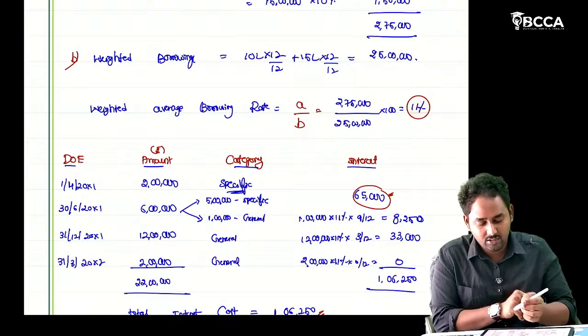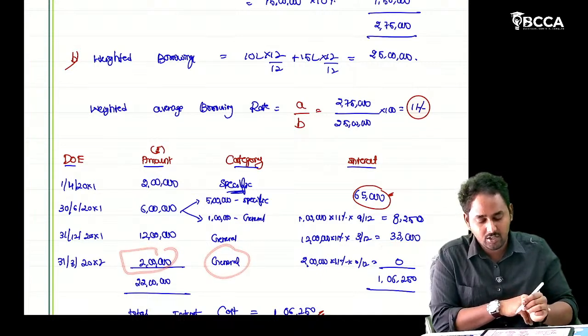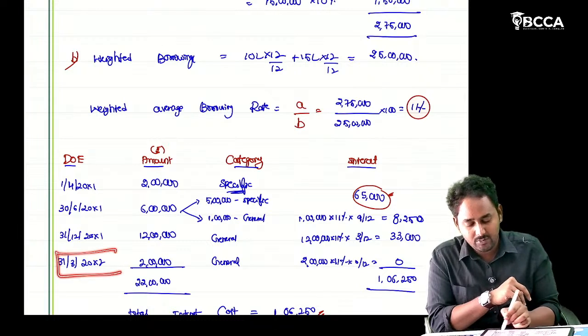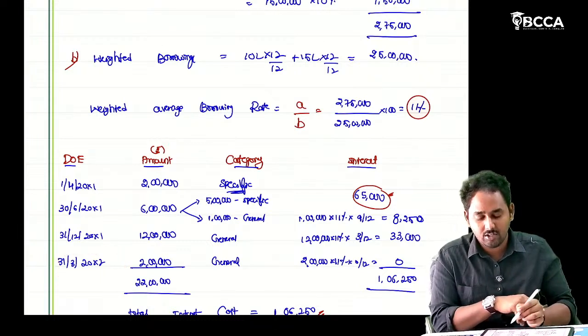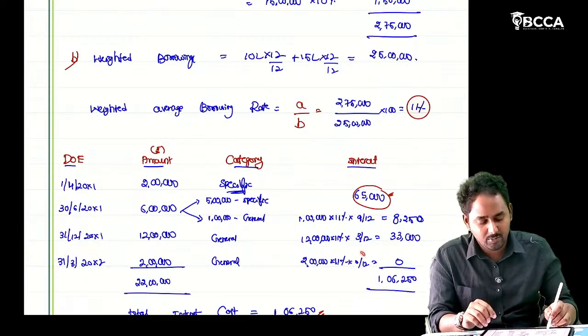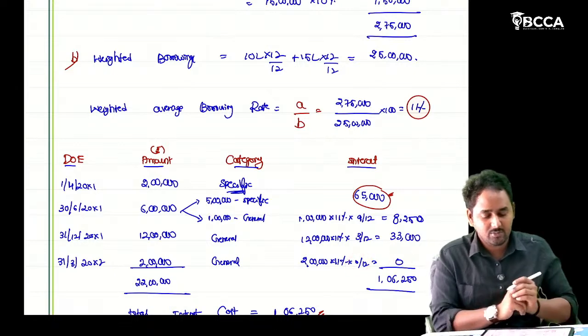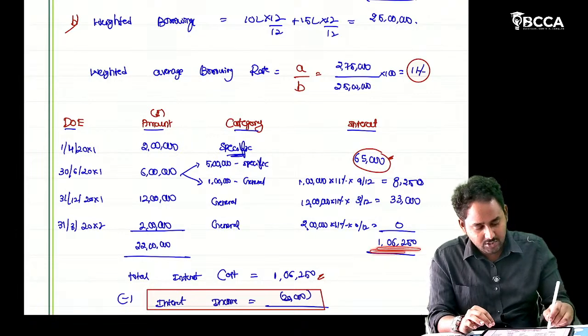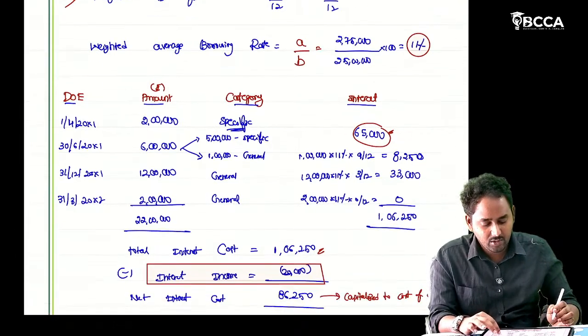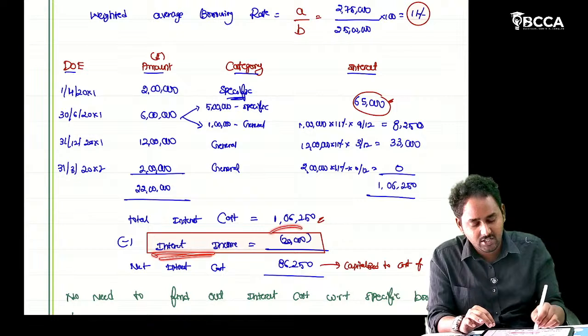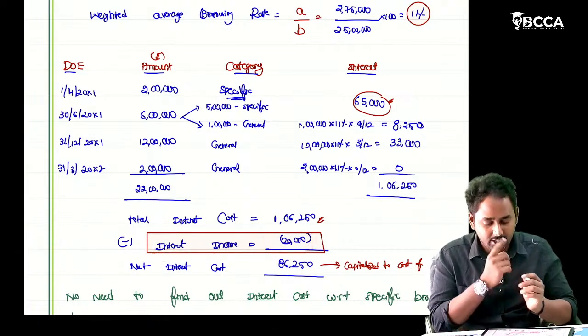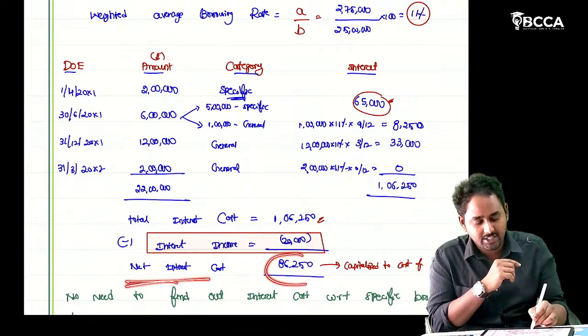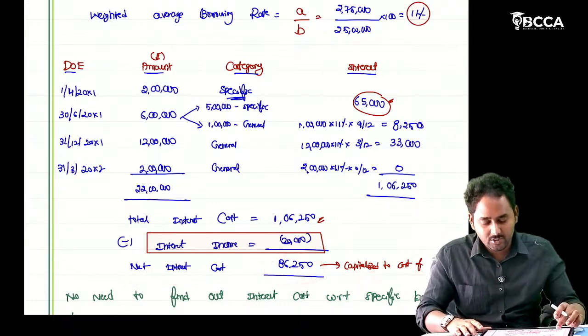And after that, the entire amount has been incurred out of general borrowings, but it has been incurred on 31st March. Then what is the period here? 0. So this is the total interest cost 1,06,250. But out of this, interest income is there, right? 20,000. That should be deducted. So net interest cost 86,250 should be capitalized to the cost of the asset.